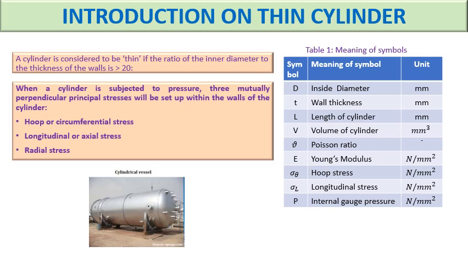Based on these assumptions, we will be able to calculate the hoop stress and the longitudinal stress. Some of the important terms that describe the calculation are shown in the table, and all the terms are described with units.